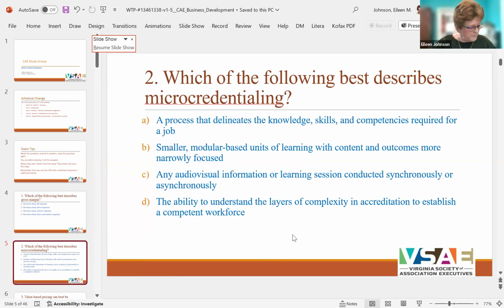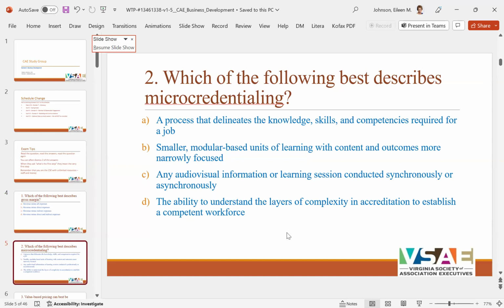Okay. Next one. Which of the following best describes micro-credentialing? Who would like to do this one? I will take a stab at it. A, a process that delineates the knowledge, skills, and competencies required for a job.